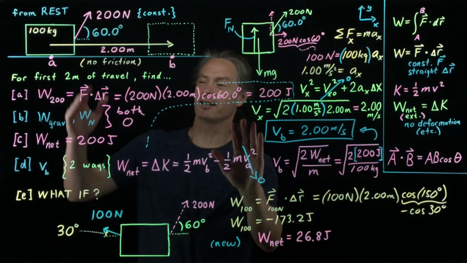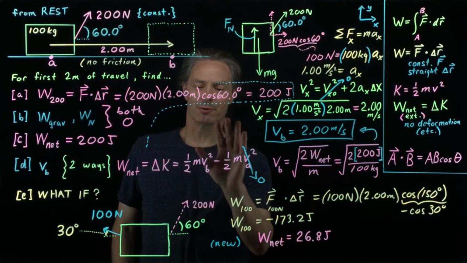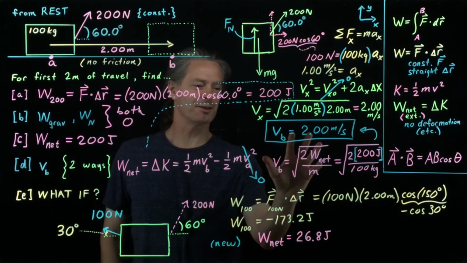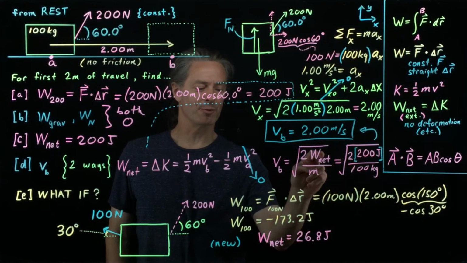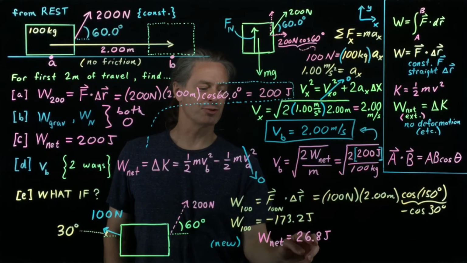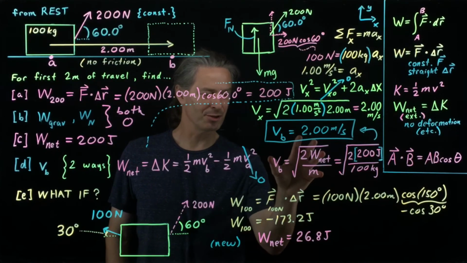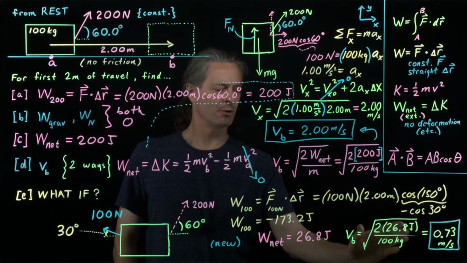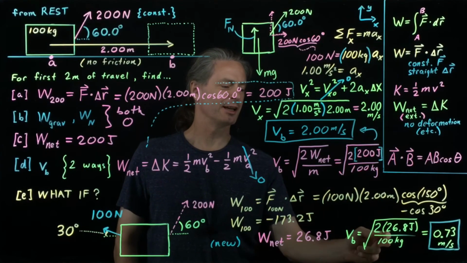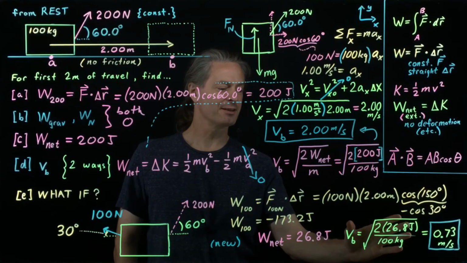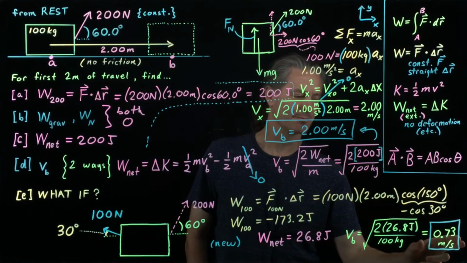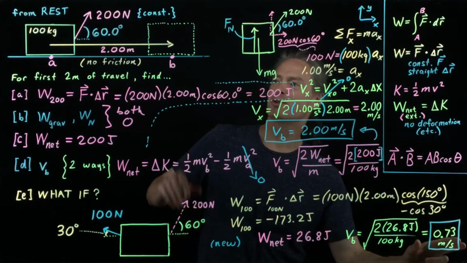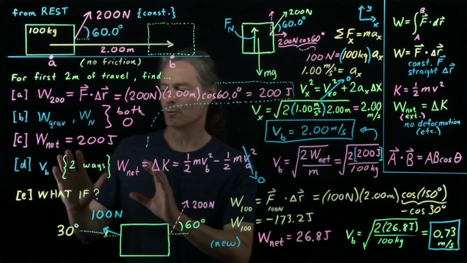The initial kinetic energy at point A was 0, so we can again solve here and get this same formula, except now instead of plugging in 200 joules for the net work, I'm going to plug in 26.8 joules for the net work. So I can take this result, put it here, where I've plugged in the new net work and the 100 kilogram mass of the crate, and I get for the speed at point B 0.73 meters per second. So that would be the speed at point B in our what-if scenario.